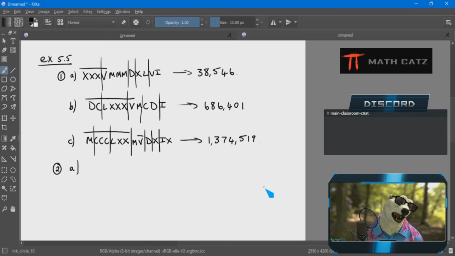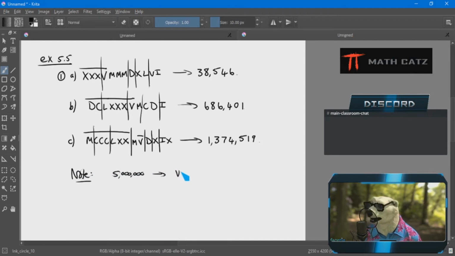How would you get it with a double line? That was different. That was 5 million. Let me backtrack here. Let's note, 5 million, I think that was our example. Well, technically it's 5,000, and then 1,000.